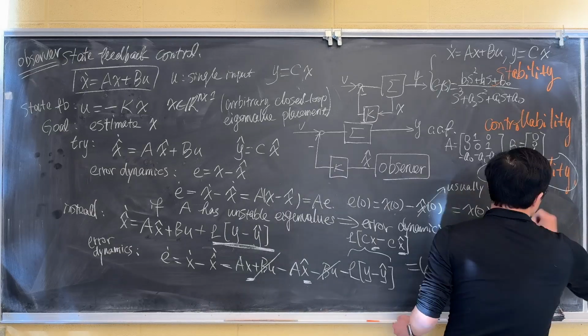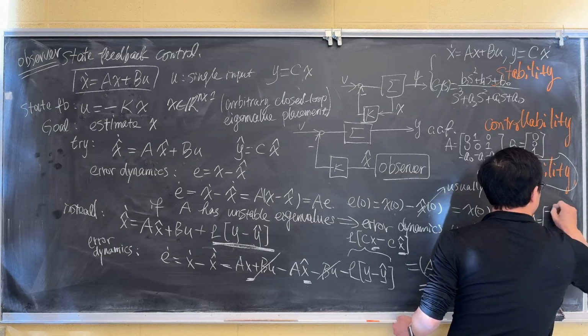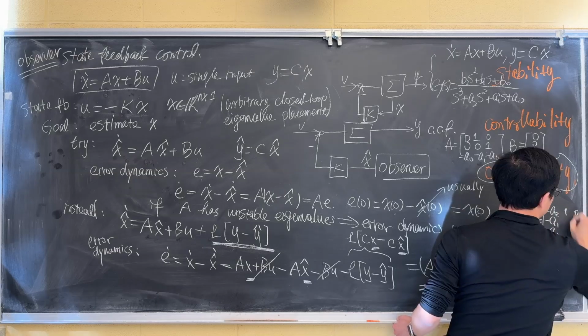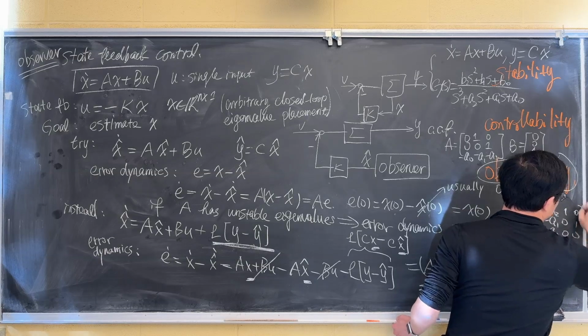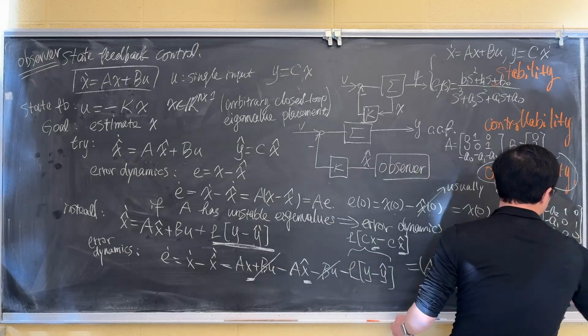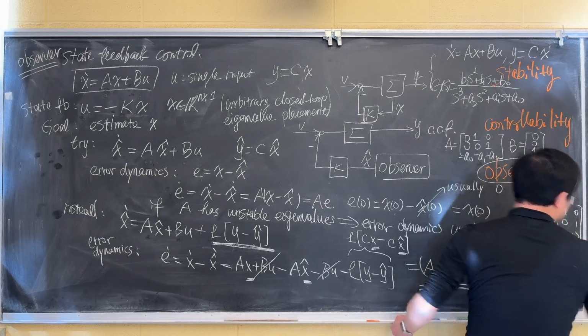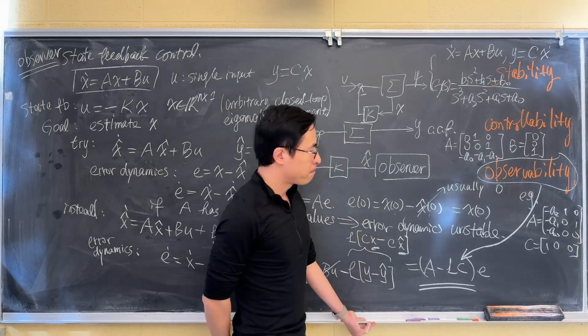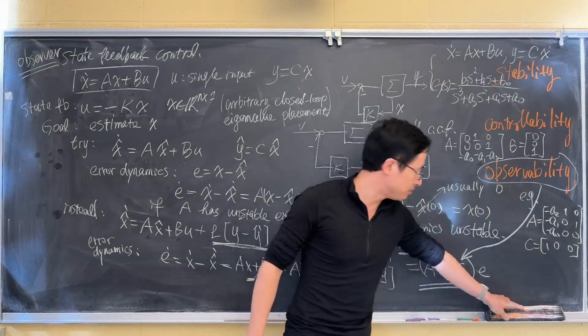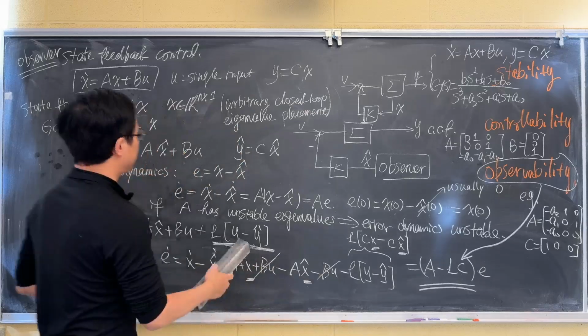So in the observable canonical form, A is negative a2, negative a1, negative a0, 1, 0, 0. Let's say it's a 3 by 3 case. And then C is 1, 0, 0. Let's look at when things happen this way, what A minus LC is going to look like.